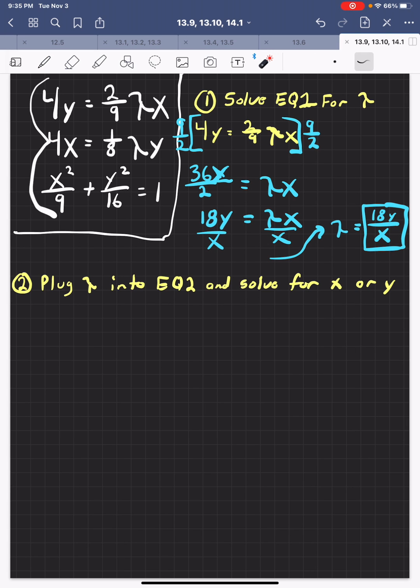What we're going to do is take this 18y over x and substitute it in for lambda in the second equation. After we sub that lambda into equation 2, it's up to you, but you can solve for x or y. This does take a little bit of practice, because we're going to end up subbing something into the third equation.